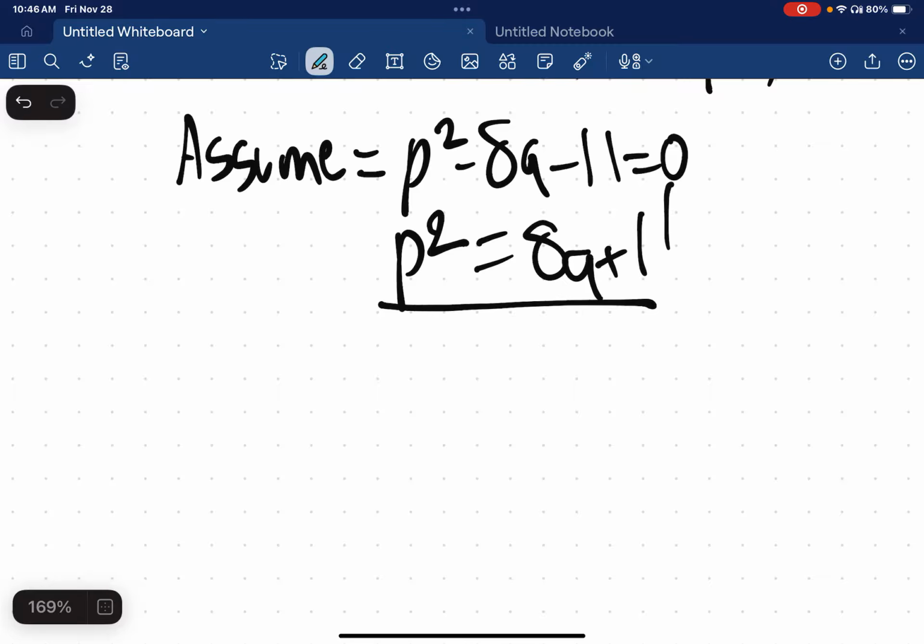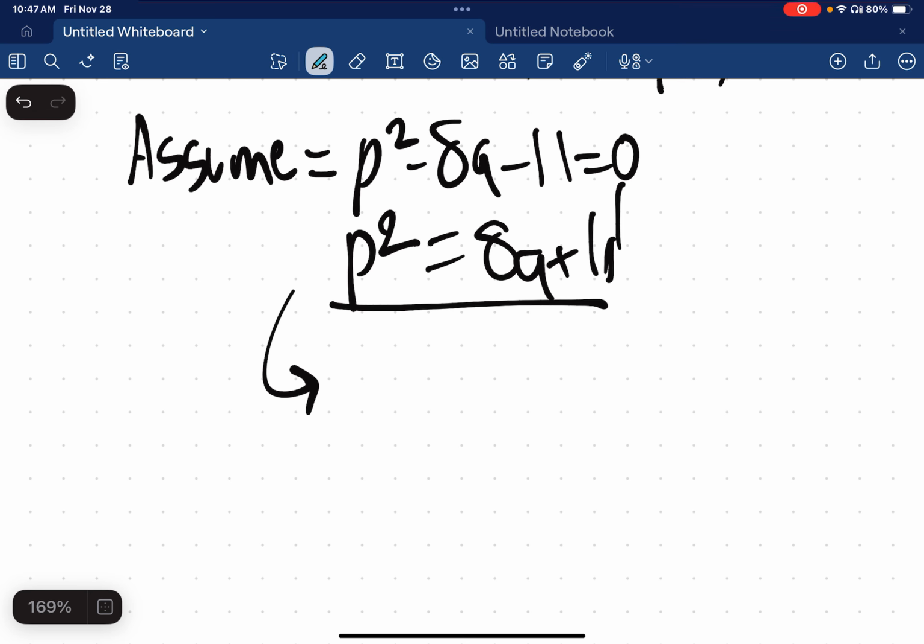I have to think of how I can actually end up doing this. Okay, got it. We're going to bring this equation down here. And let's just set p equal to an odd number. The reason why we're going to set it equal to an odd number is because 8q plus 11 is an odd number.